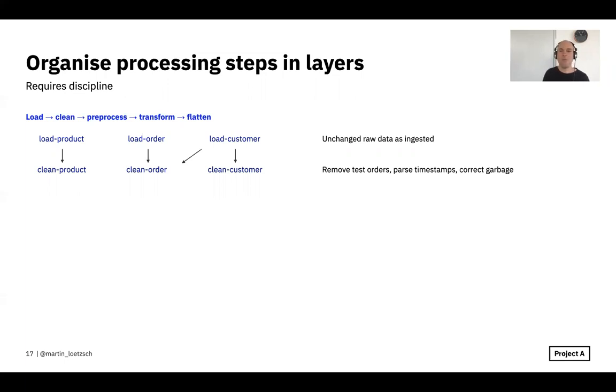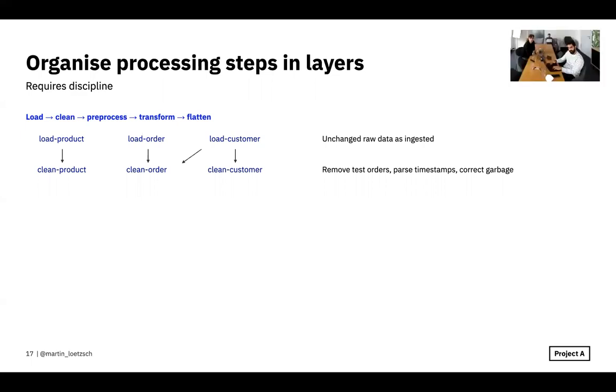You can remove white space around strings, or turn empty strings into null, and right. So this can happen at the stage of cleaning. But here I wouldn't do business logic, but just say, okay, I need a kind of clean representation of an order, because I want to use it then elsewhere in subsequent transformations.